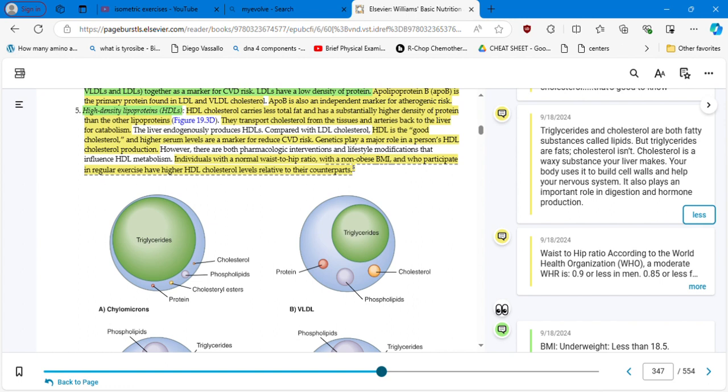Now, high density lipoproteins. HDL cholesterol carries less total fat and has substantially higher protein, a higher density of protein, than the other lipoproteins. So this is the good cholesterol, and higher serum levels are a marker for reduced CVD risk.